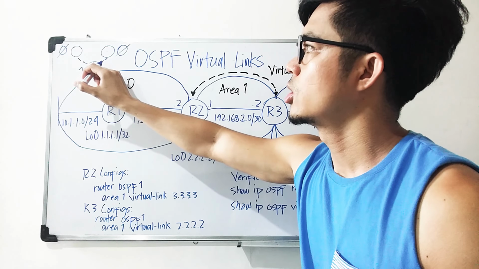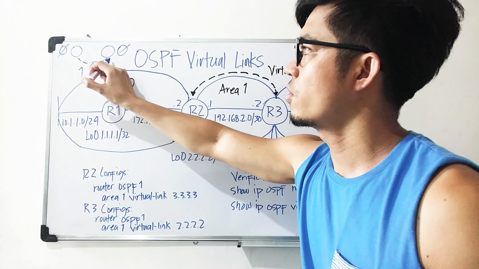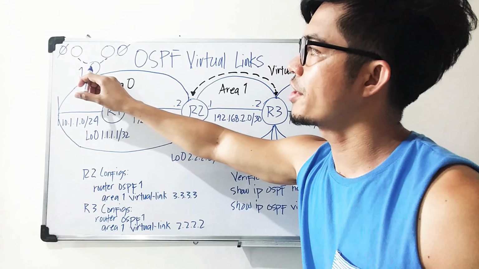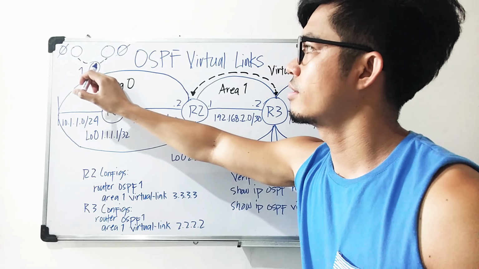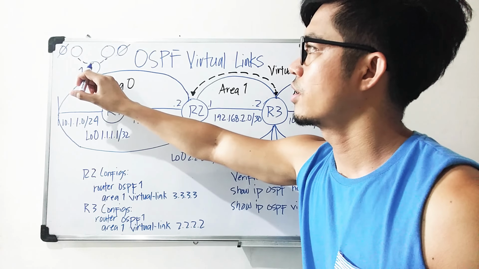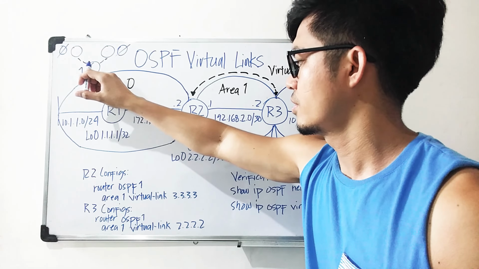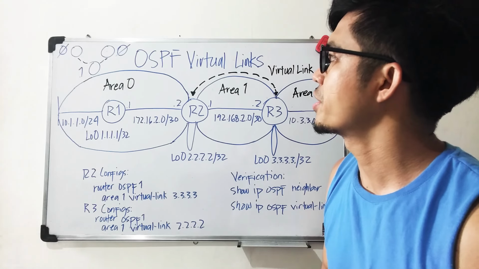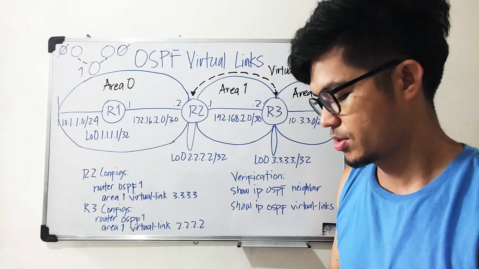For area 0 here, you need to use a transit area, in this case area 1. So that is another scenario where you can use a virtual link.